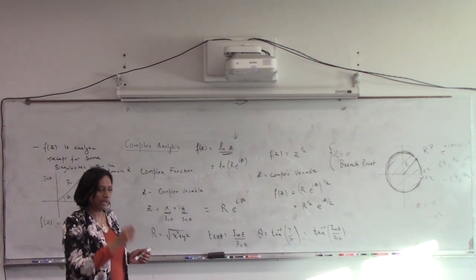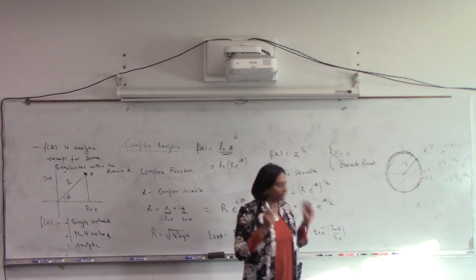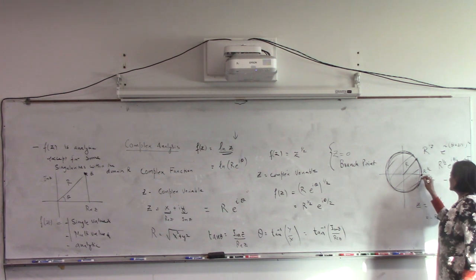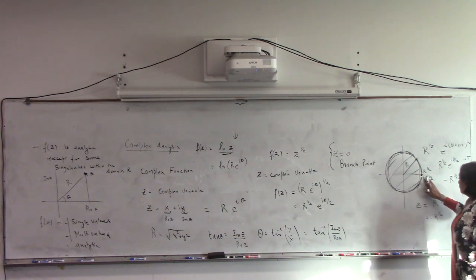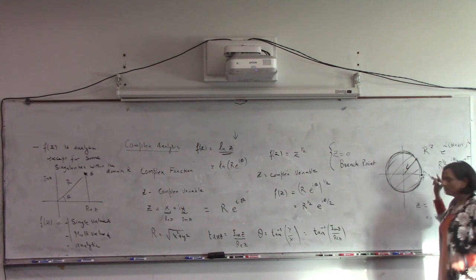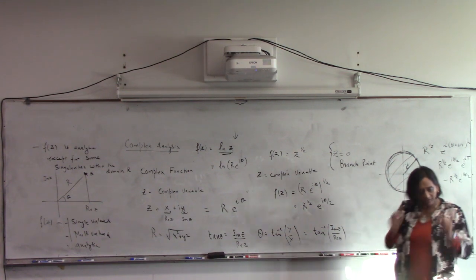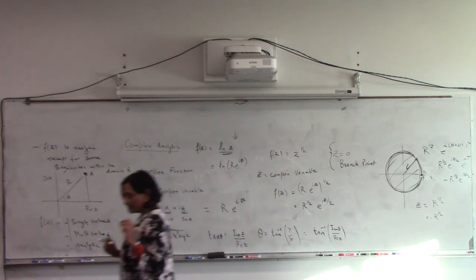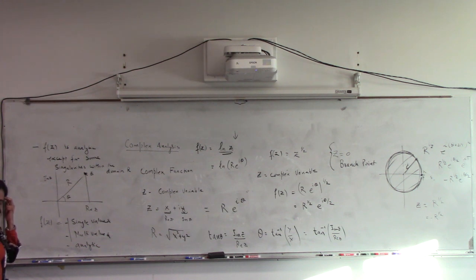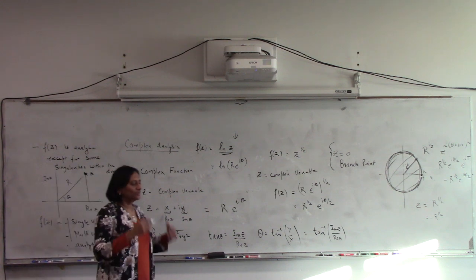Single valued means at every point it has only one unique value. Let's say along the real axis at this point, for some complex function, it will have one unique value at every point. Whereas a complex function with two values at each point is doubly valued, so the multi-valuedness is 2 in that case.